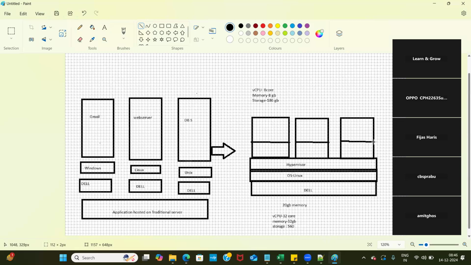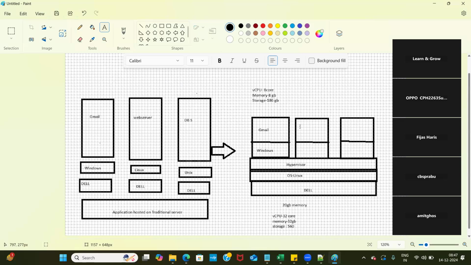Now you will gradually understand what the pain points are here. First, I have a Gmail server, so I will write Gmail here. In the same way I am configuring it. And what was my operating system? Windows. You can see how it was configured as a traditional server and what operating system was used there.